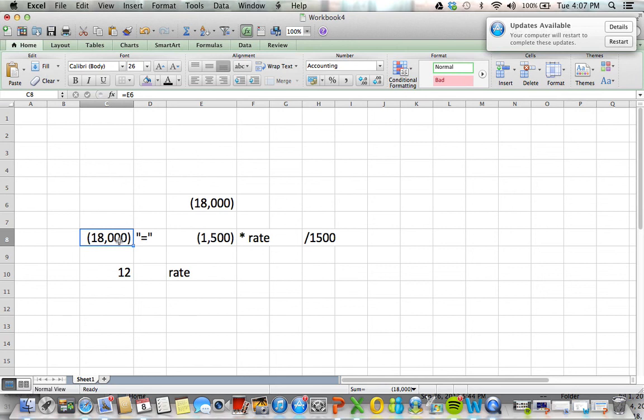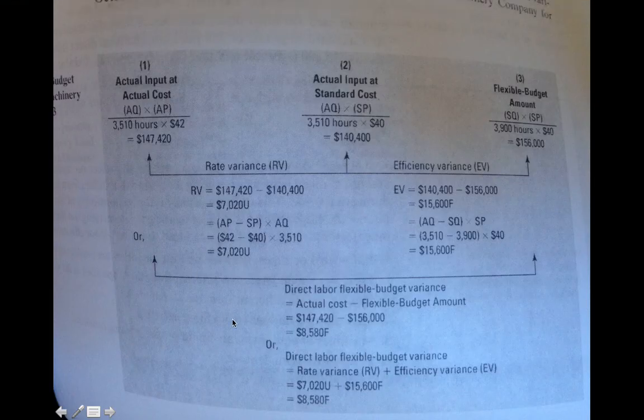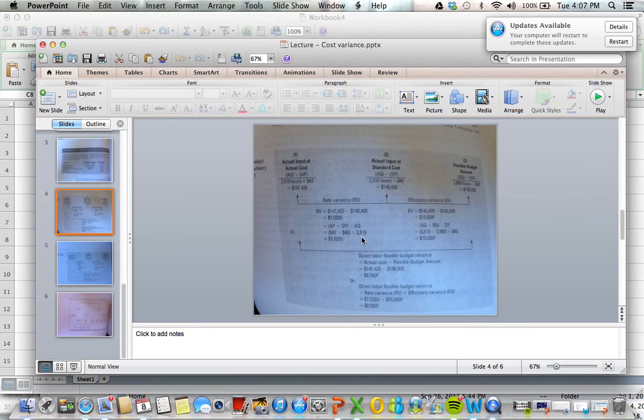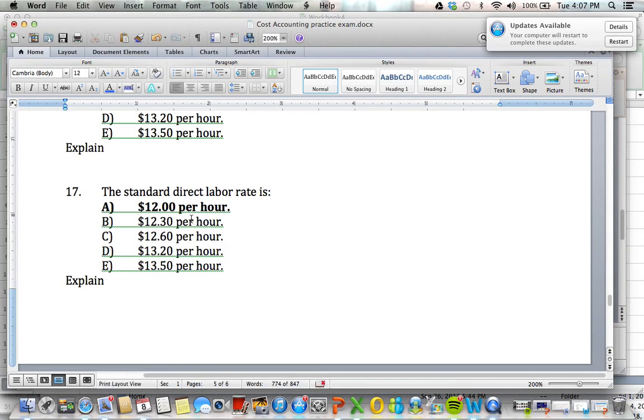So I just said, oh, the rate times my hours must be the variance. So I divided the variance by the hours, and that's how I got my 12. So that's how I solved for it. And so the answer for this one is A.